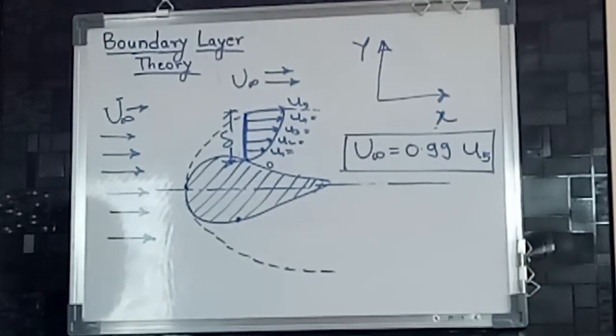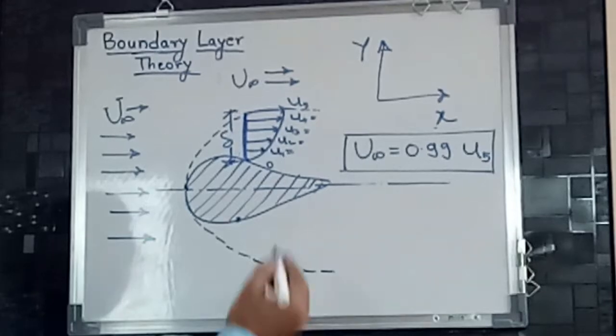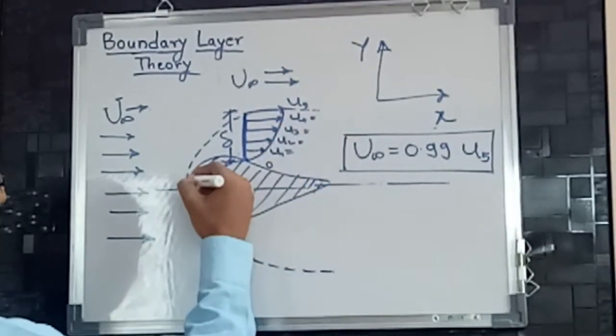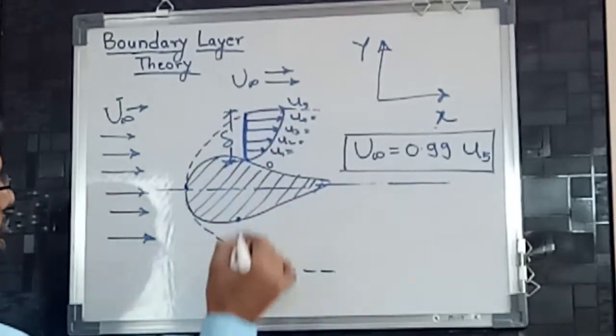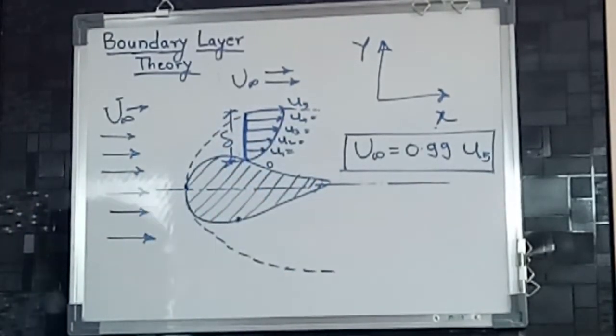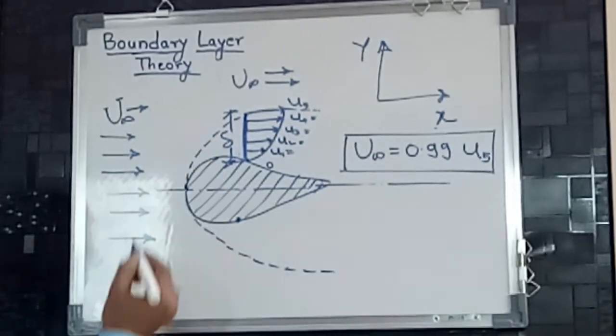Now see, this dotted line represents the boundary layer.